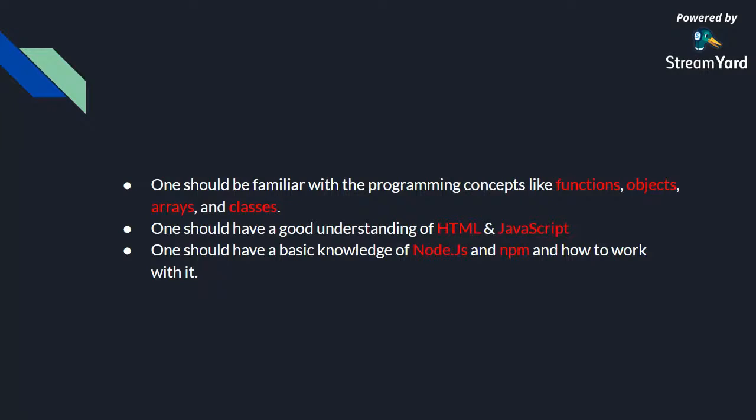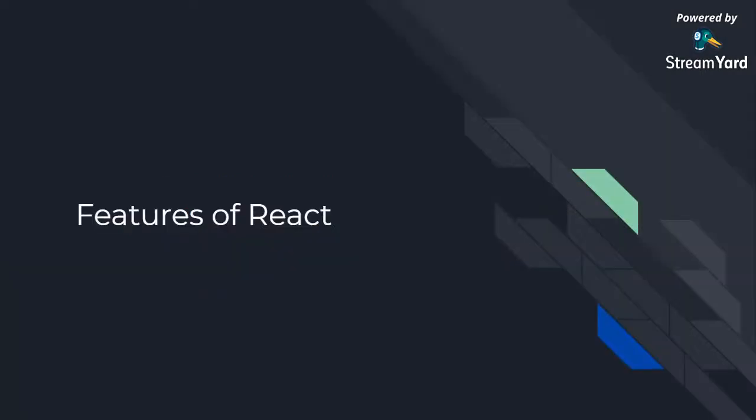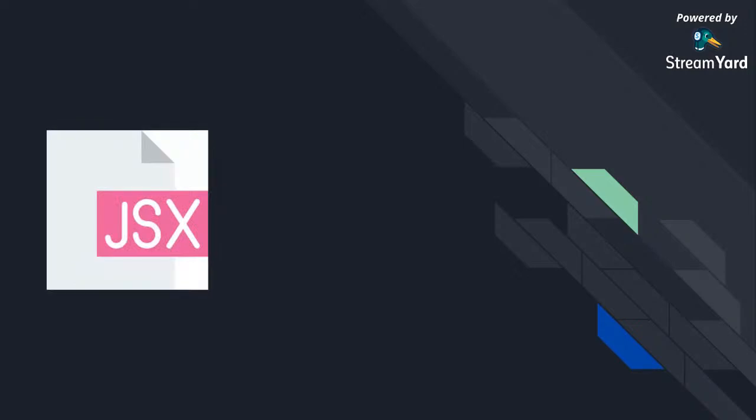So these are the things that I think you need to know before starting React.js development. So let's start with some features. So React has a ton of features that makes it what it is. So the first feature is JSX. JSX is a combination of JavaScript and HTML.